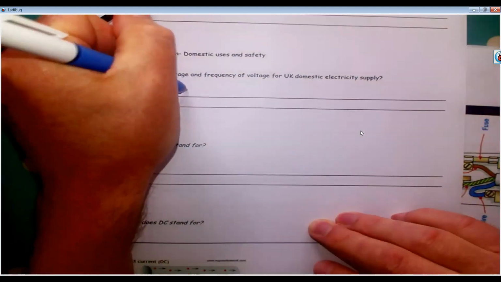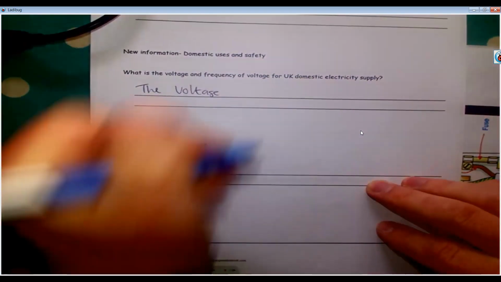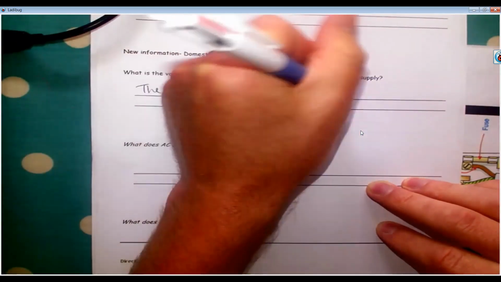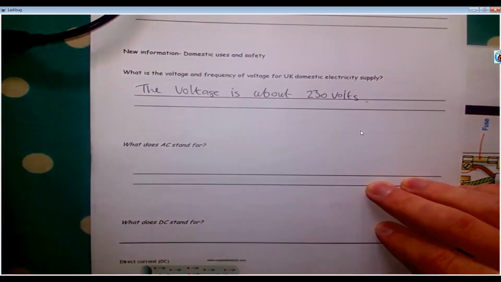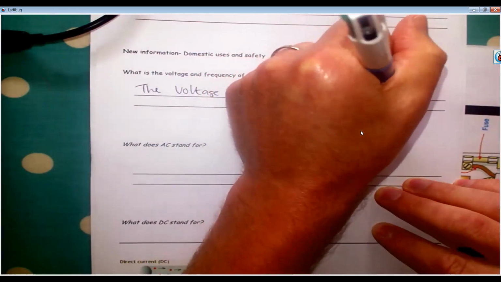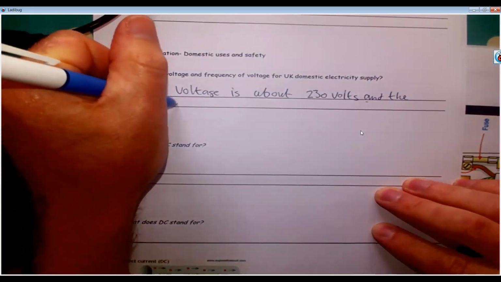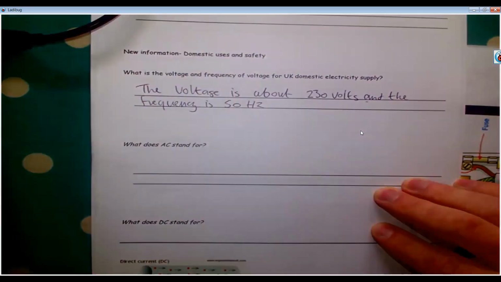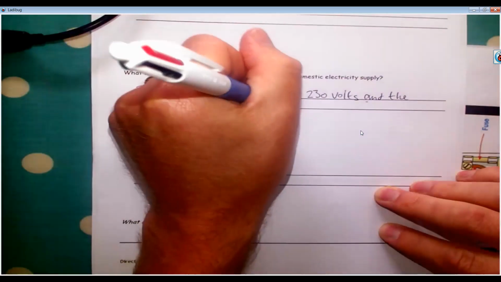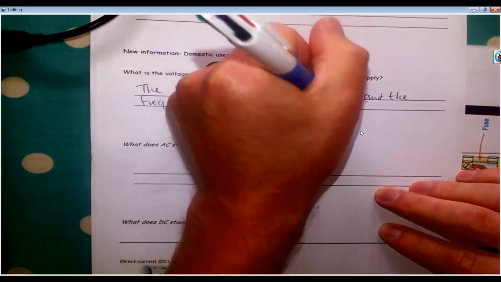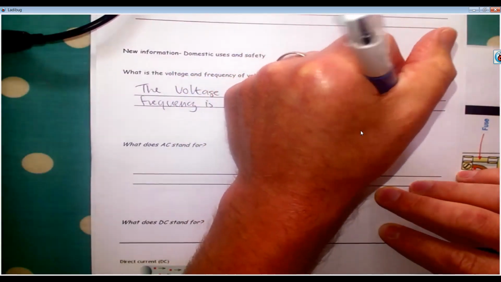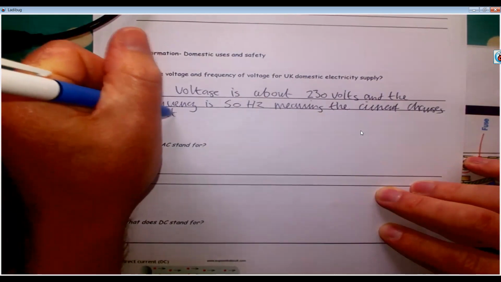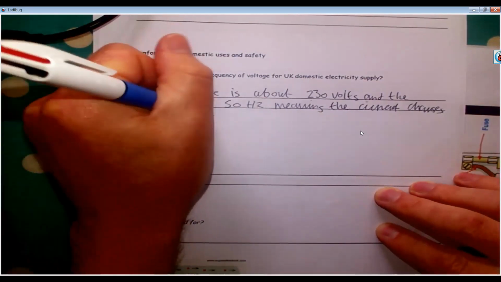So the voltage is about 230 volts, and the frequency is 50 Hz or 50 Hertz, meaning the current changes direction 50 times a second.